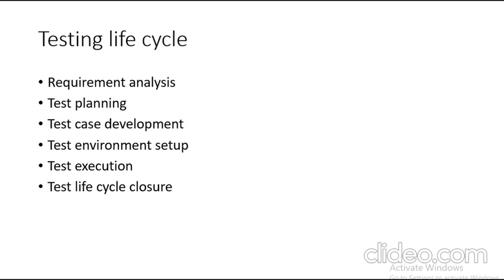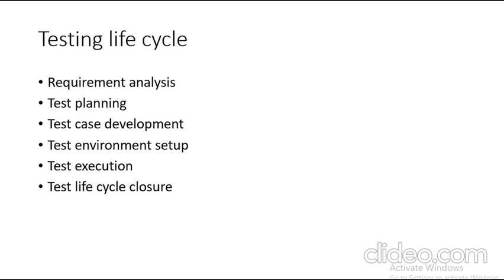And the last is test life cycle closure. If everything is going well and no defects are detected in further activities, so test team will meet, discuss and analyze the testing outcomes, how many requirements, the test cases developed for each requirement, how many test cases are passed, how many test cases are failed, report the bugs and defects.